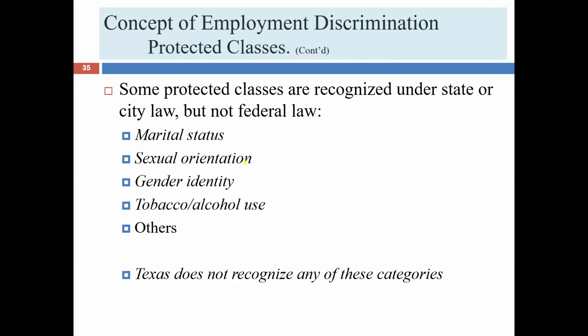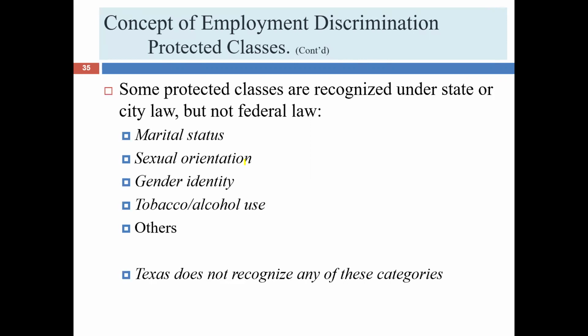When I use the term gender identity, what I'm talking about is somebody who has a gender identity that's different than the one that they were identified as at the time of their birth. So, for example, somebody who may have a birth certificate that indicates they're female, but they self-identify today as male, or vice versa. That would be a gender identity issue.